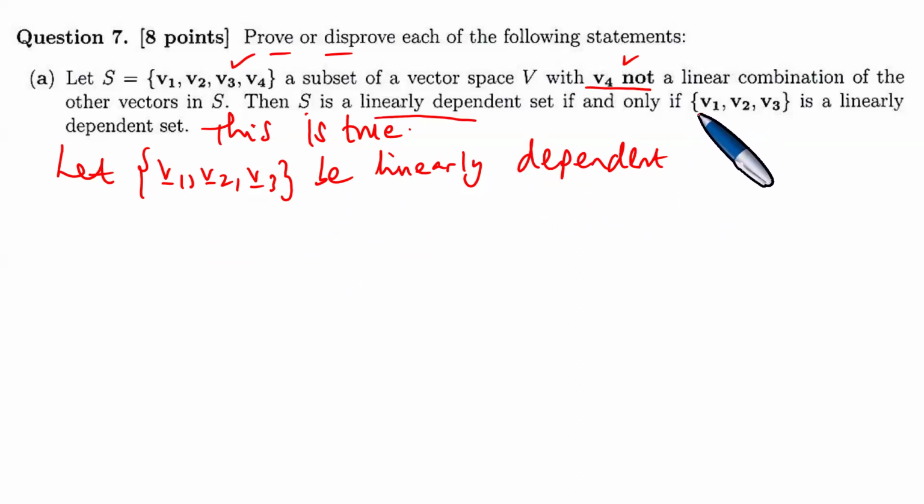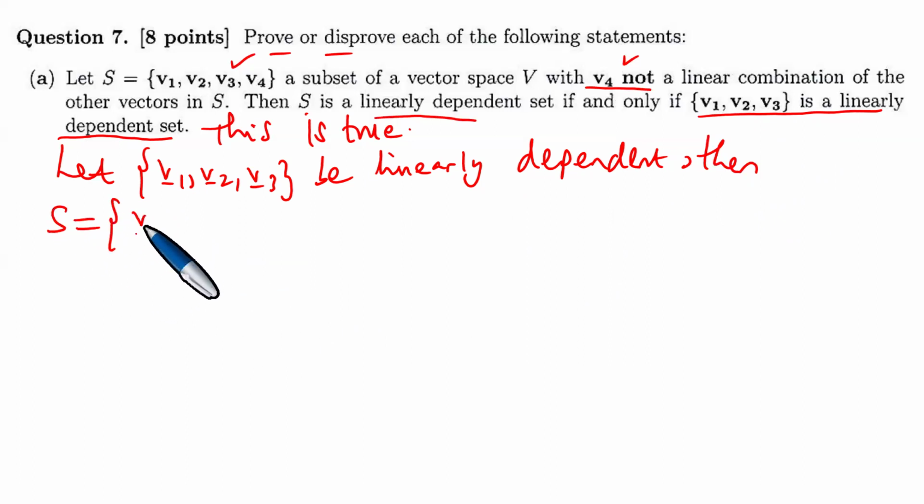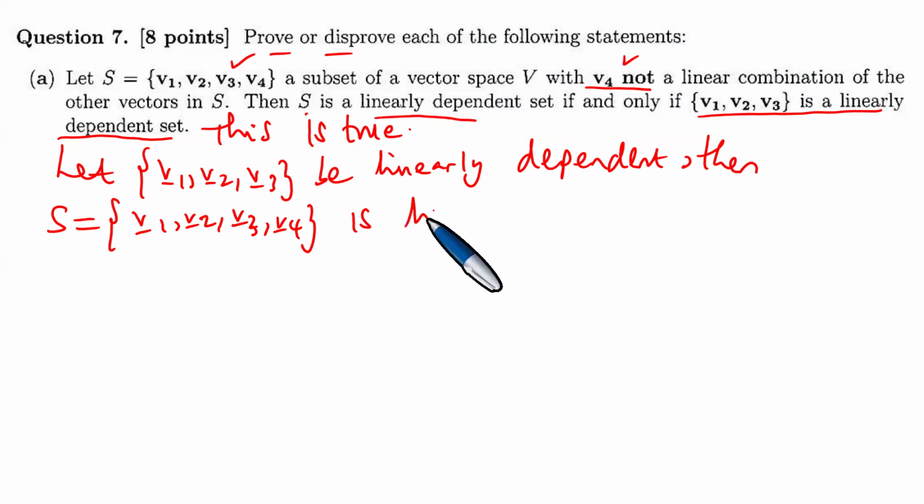So what are we doing here? We are starting from the end of this, because this is an if and only if. So we're starting with these three vectors that assert they form a linearly dependent set. Then S, which has four vectors V1, V2, V3, V4, is linearly dependent.